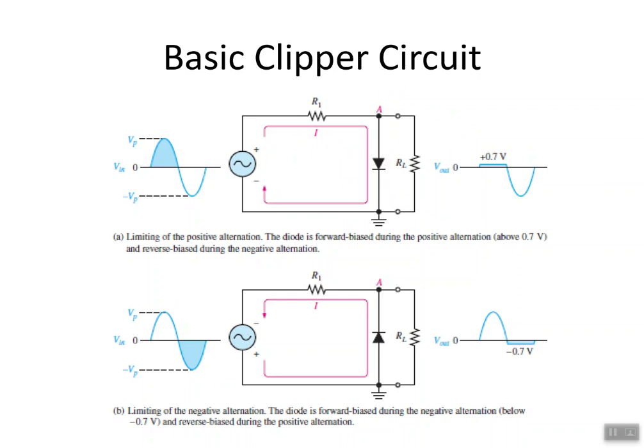Now, the difference between the two circuits is, in the second circuit, the diode is flipped around. Okay, so now the diode is going to be forward biased during the negative cycle.